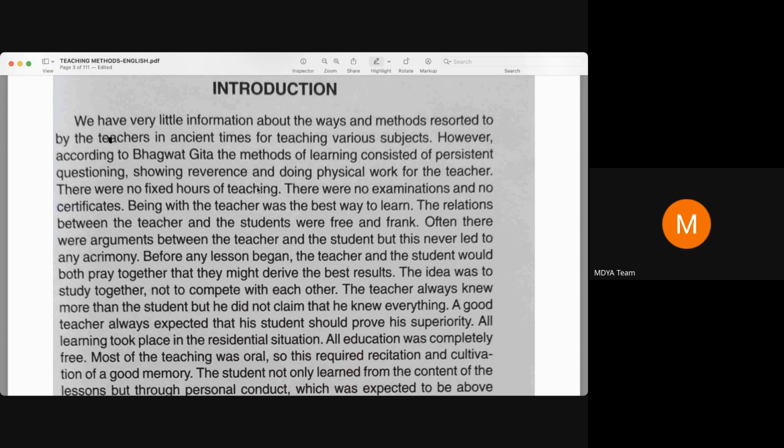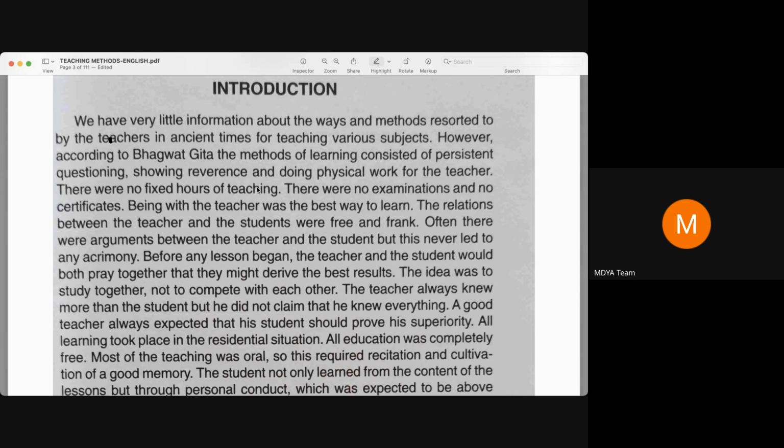All the learning took place in a residential situation, like we reside at home, where we can interact with all the family members at any time. That situation we call Gurukul.